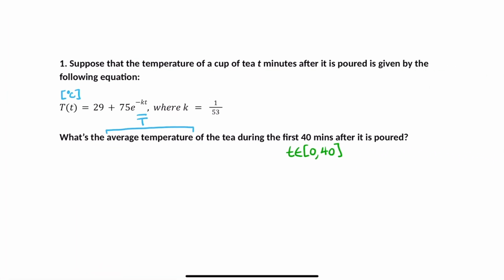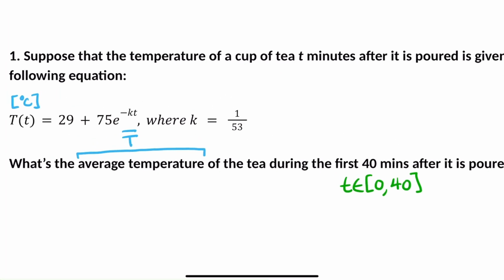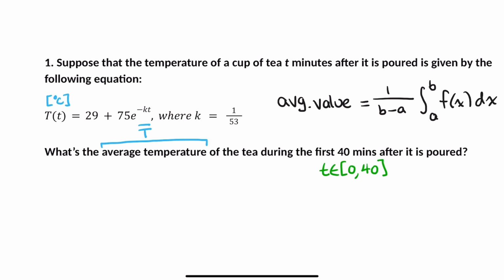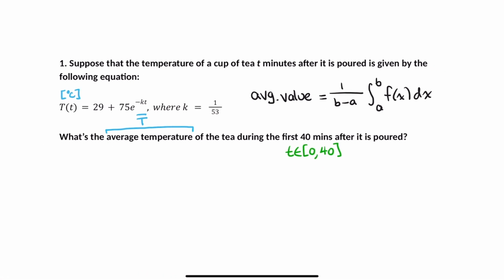And then for average value, we can actually use the following equation. We can say that the average value involving integrals is equal to 1 over b minus a multiplied by the definite integral from a to b of f of x dx, where b is our bigger number and a is our smaller number.